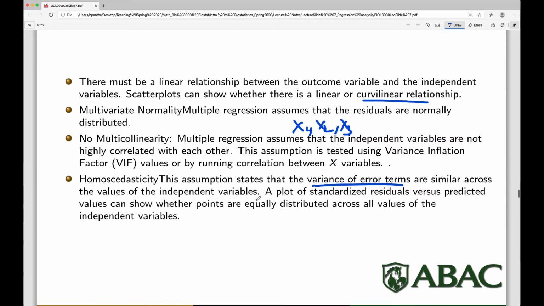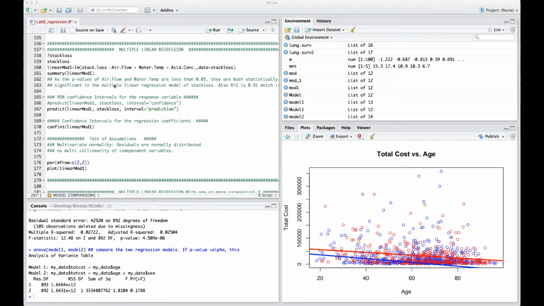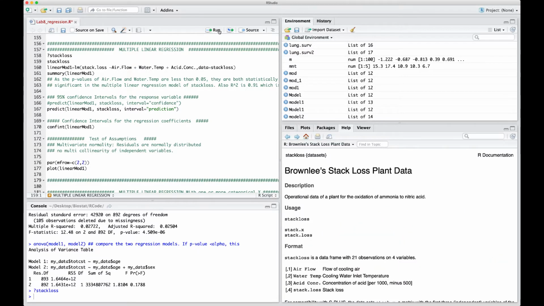So the next thing we do is we will take an example in R and see, okay? Multiple linear regression. The stack loss is built-in data, so this data is already in R. So what I'm going to do is try to run it. Stack loss data is basically the operational data of a plant for the oxidation of ammonia to nitric acid, okay?